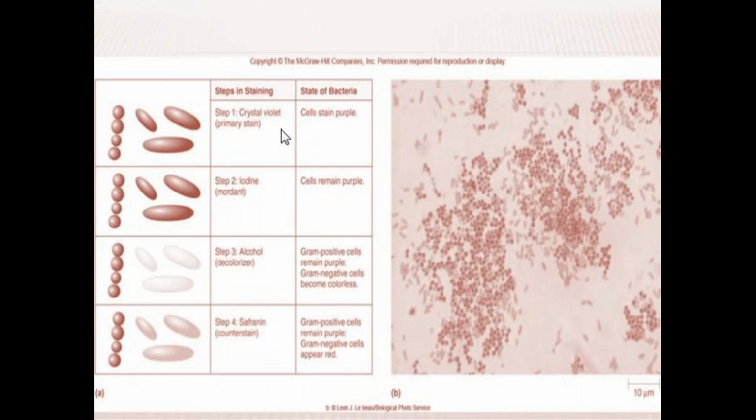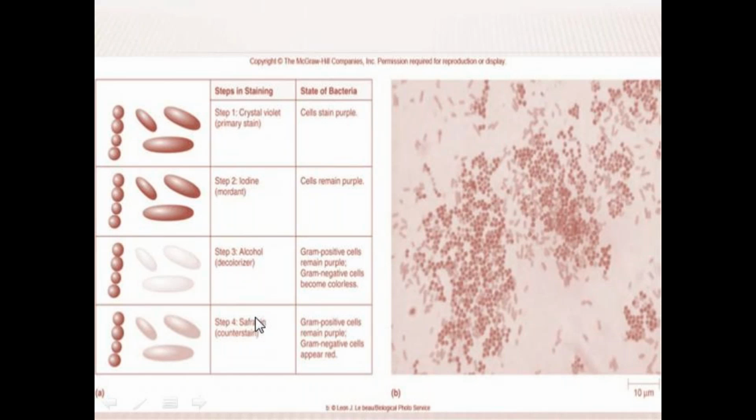First is the preparation of smear, and after the preparation of smear, it is stained with the crystal violet. Then iodine is added, which acts as the mordant. That forms the crystal violet iodine complex. In gram positive bacteria, mainly this complex causes the violet color colonies.